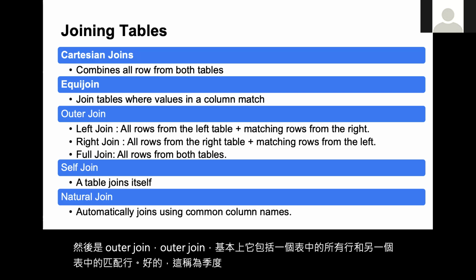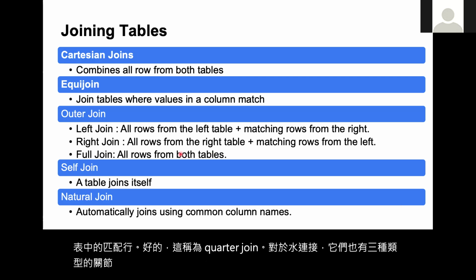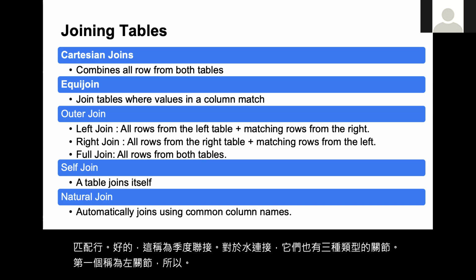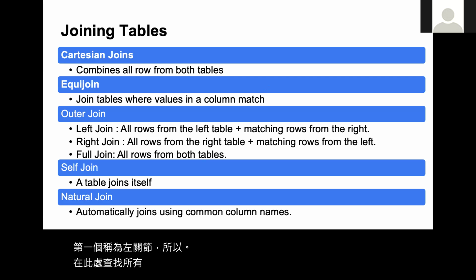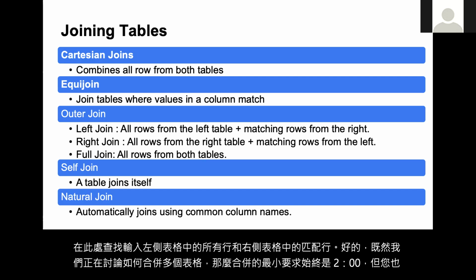And for outer join, there are also three types. The first is called left join. The left join includes all the rows from the left table and matching rows from the right table. Since we are talking about how to combine more than one table, the minimum is always two, but you can also join more than two tables at once.